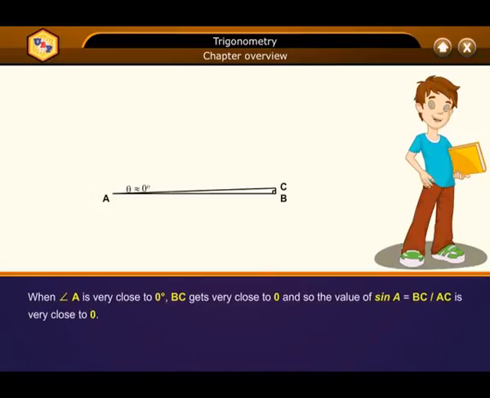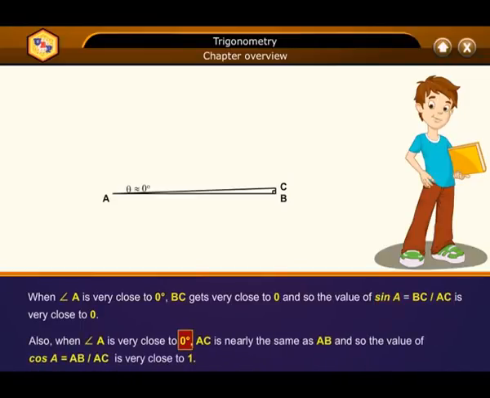When angle A is very close to 0 degrees, BC gets very close to 0, and so the value of sin A, which is BC upon AC, is very close to 0. Also, AC is nearly the same as AB, and so the value of cos A, which is AB upon AC, is very close to 1.